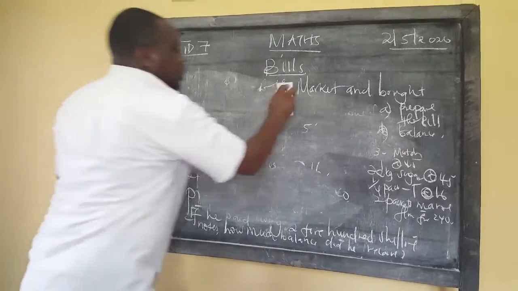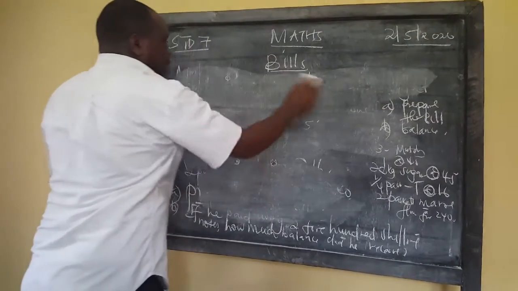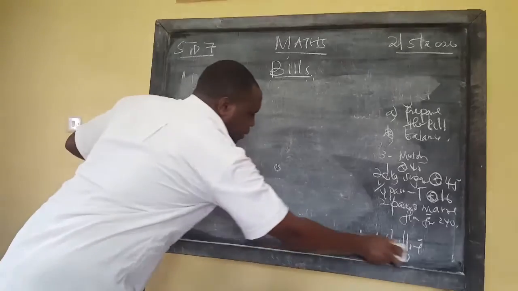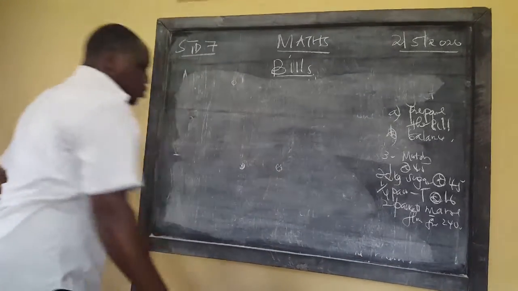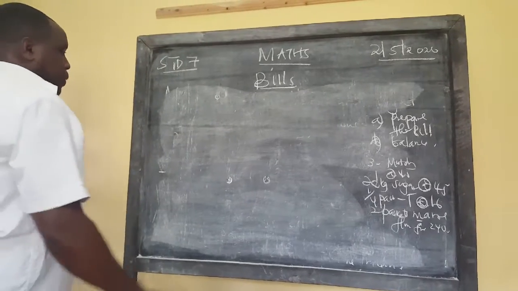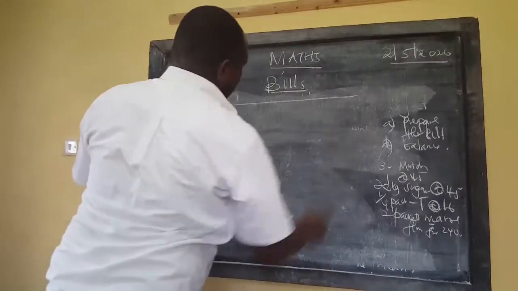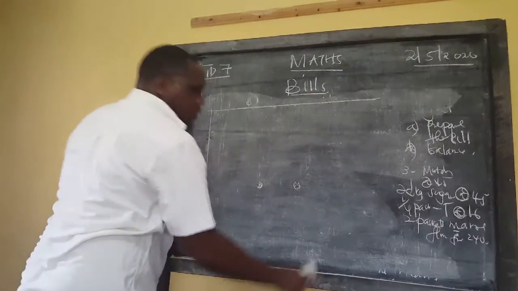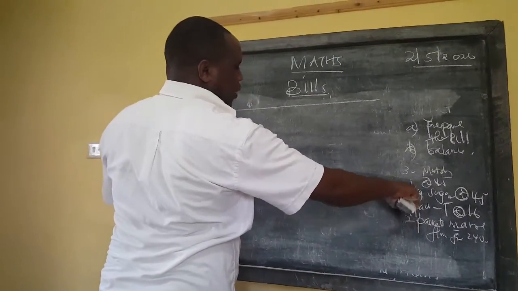So whenever you are told to prepare a bill, it's very easy. Very easy to prepare a bill, learner. You come and draw a table that will show the bill. You must understand that you have 1, 2, 3, 4 items.